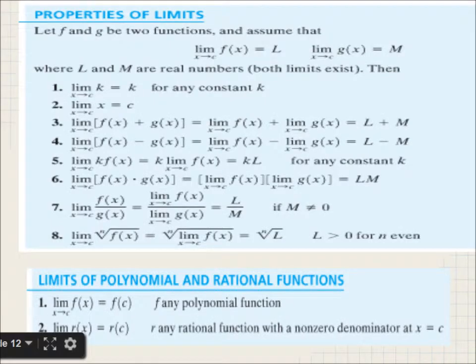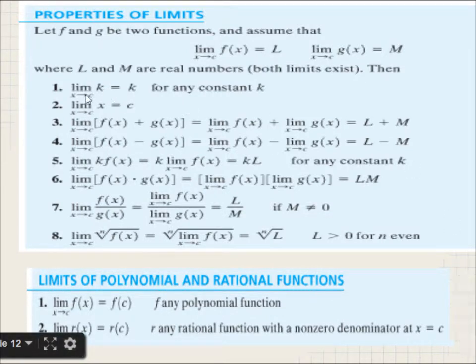Let f and g be two functions. The limit of f(x) as x approaches c is L, and the limit of g(x) as x approaches c is M, where L and M are real numbers, and both limits exist. Then the limit of a constant k as x approaches c is k.